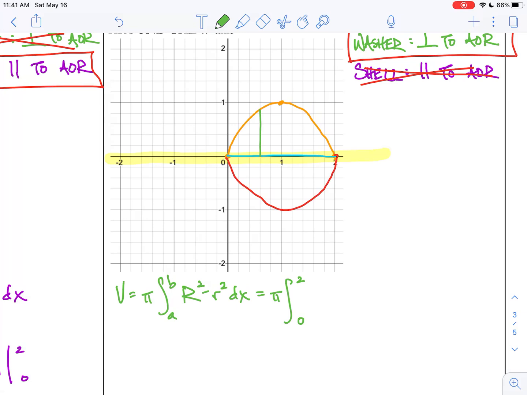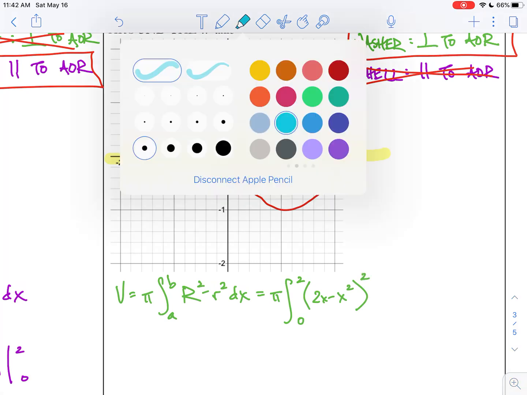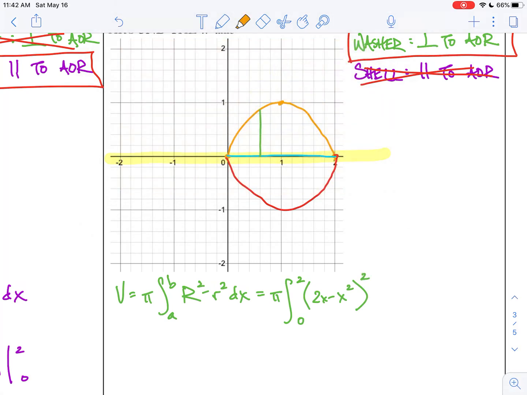Now which curve is further away from the axis of revolution, the orange one or the blue one? Well, I think when we look at this, we can see that the orange one is further away, and so our graph of 2x minus x squared is our big R, and we have to square it because we have big R squared. All right, so the orange curve is our big R, and this is our orange curve.